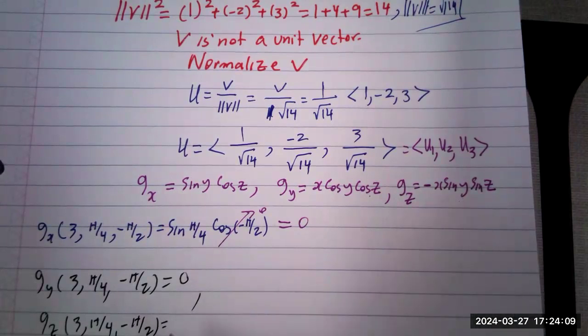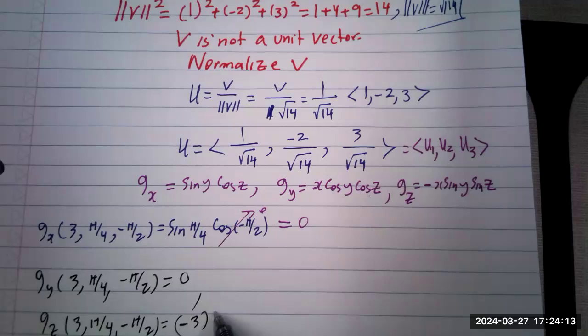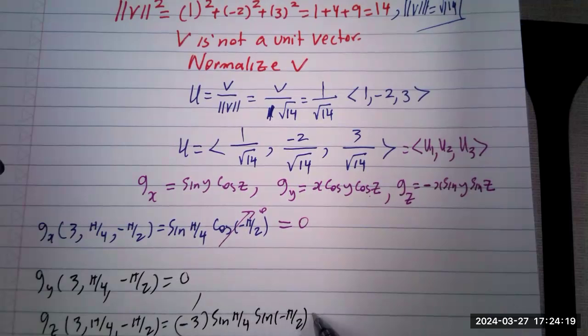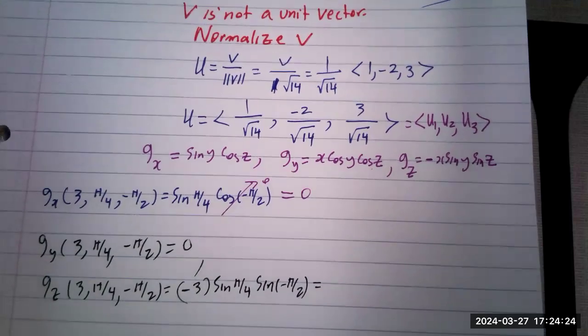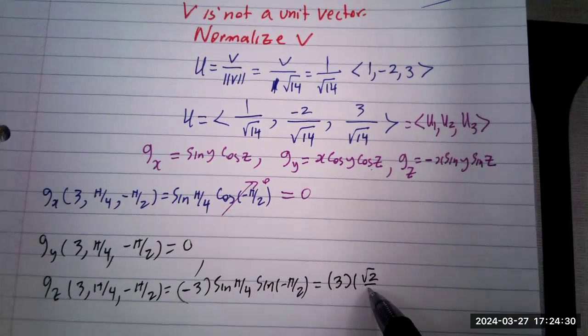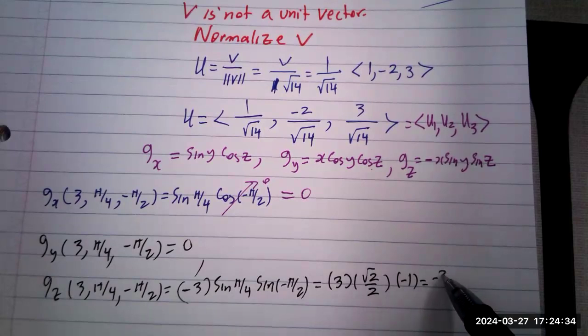So we have a negative x, which is going to be negative 3 times the sine of pi over 4 times the sine of negative pi half. So sine of pi over 4 would be radical 2 over 2. So that gives you negative 3 radical 2 over 2, and the sine of negative pi half would be negative 1. So that gives you negative radical 2 over 2.